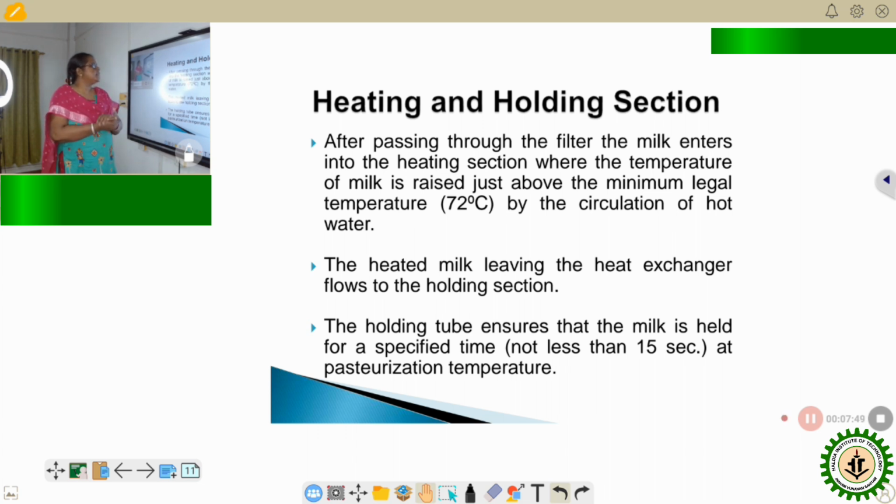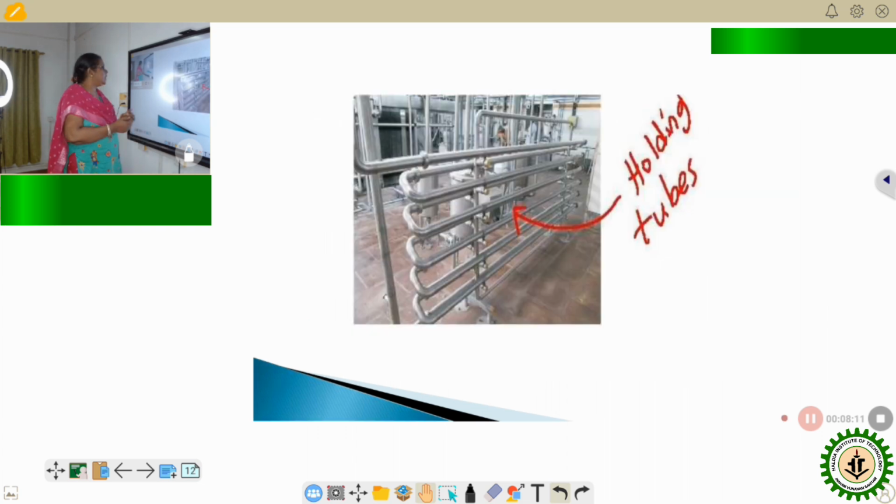And holding section basically means the milk which is now at 72 degrees centigrade is held at this temperature for the minimum time, that is 15 to 20 seconds. That is the holding section, and this is done using a tube. Basically the holding section is a tube section.